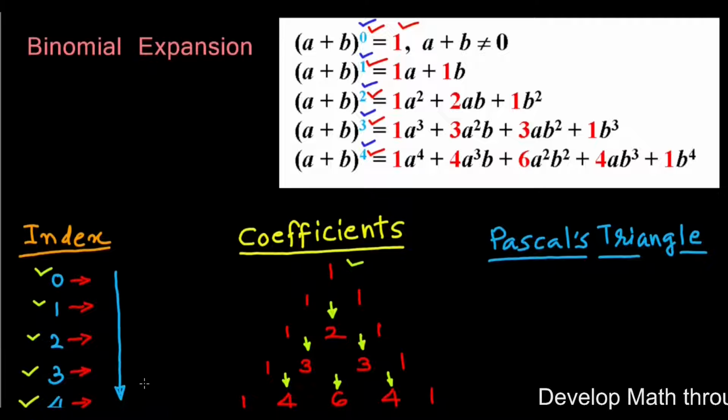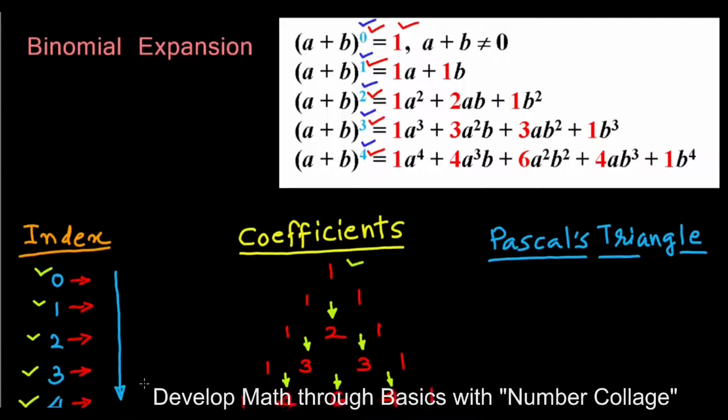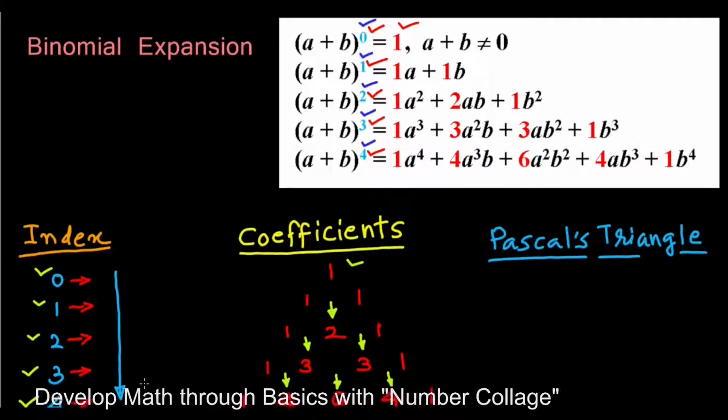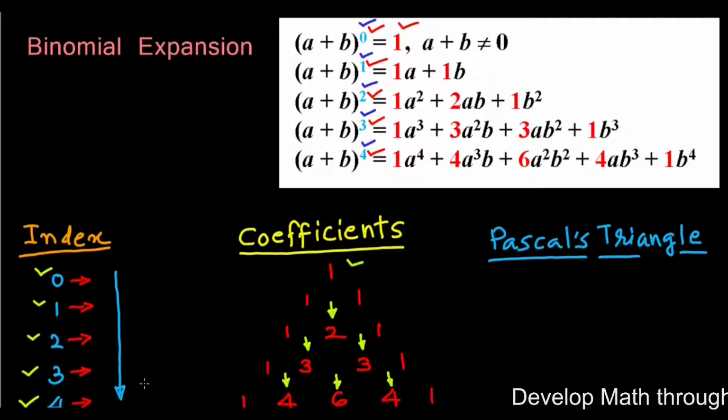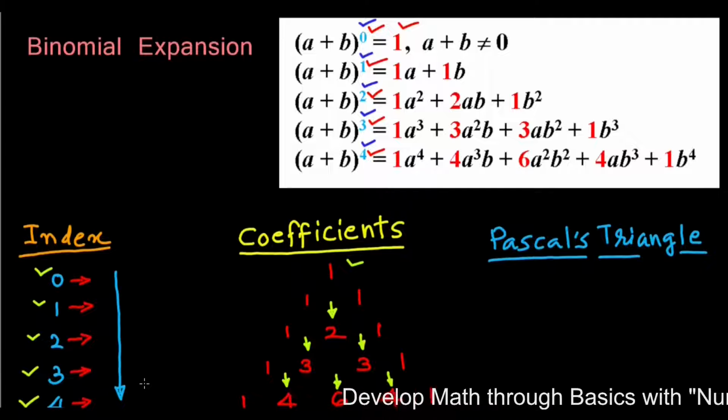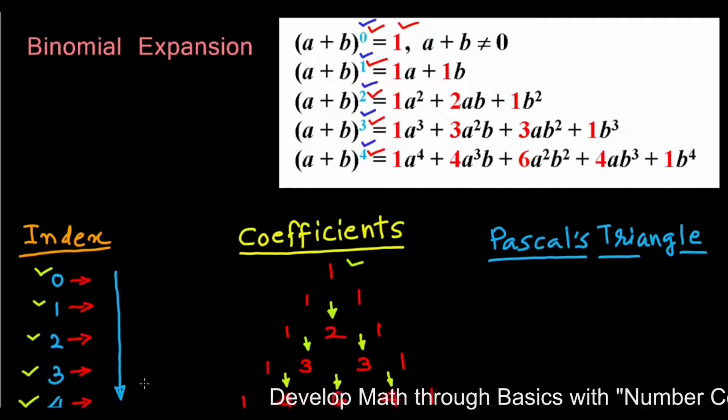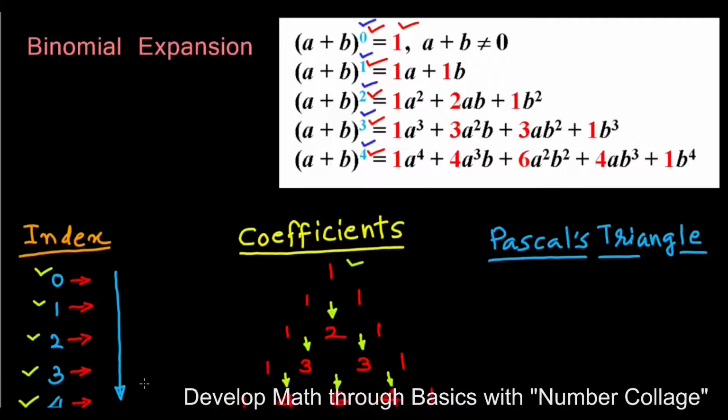But what about higher integral powers of binomials? How can we write the coefficients of the terms in the expansion correctly? Is there some means by way of which we can create these coefficients for higher powers of binomial? Let us see.